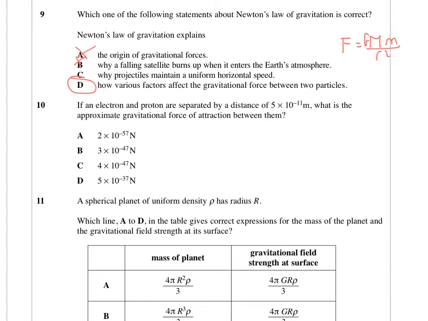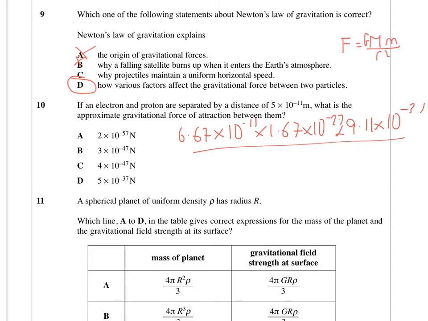Okay, if an electron and a proton are separated by a distance of 5 times 10 to the minus 11 meters, what is the approximate gravitational force of attraction between them? So we're going to be using that equation here. We would use 6.67 times 10 to the minus 11 times the mass of a proton times the mass of an electron divided by the distance between them squared.